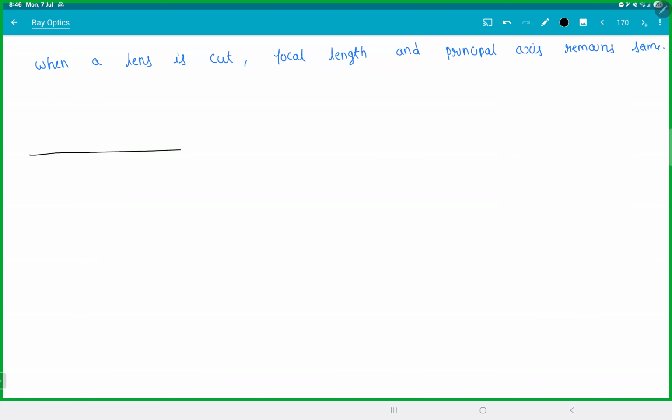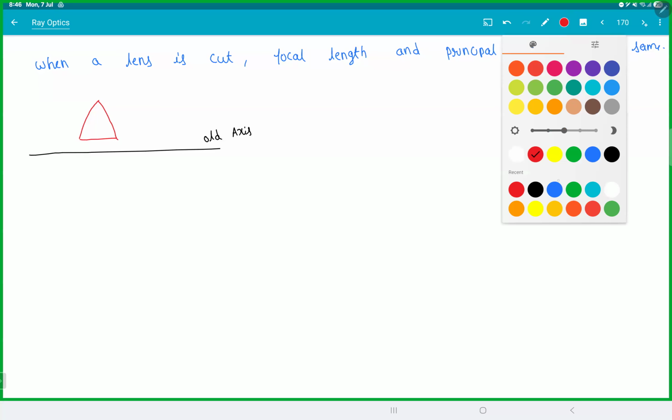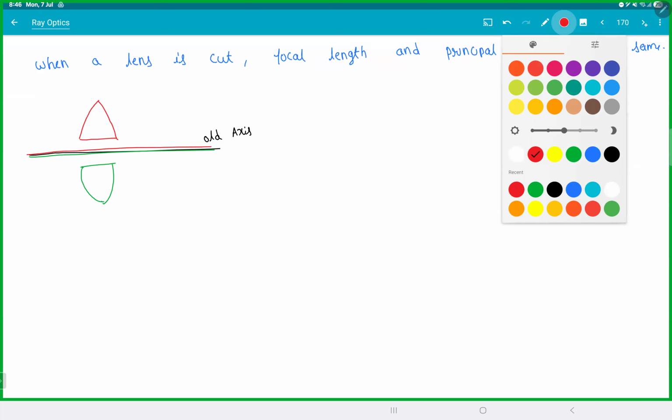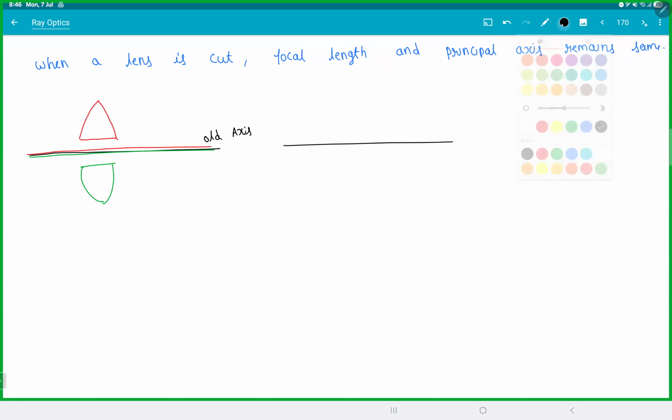So let's say this was your principal axis, and just write it as old axis. This was the upper part. This was the lower part. So the principal axis also would have remained there only. But now what you did, you brought the red one down.